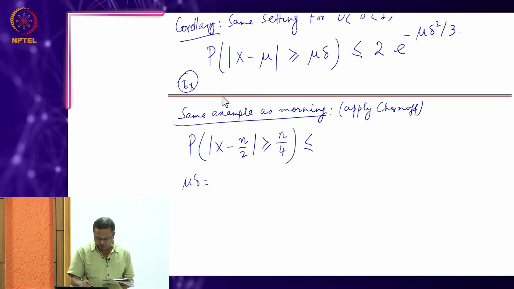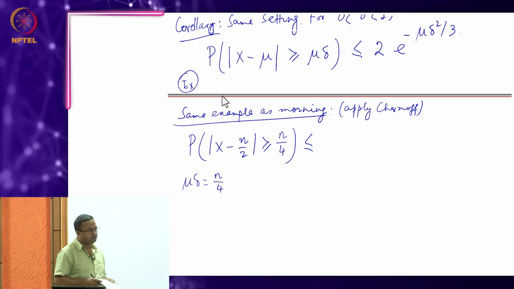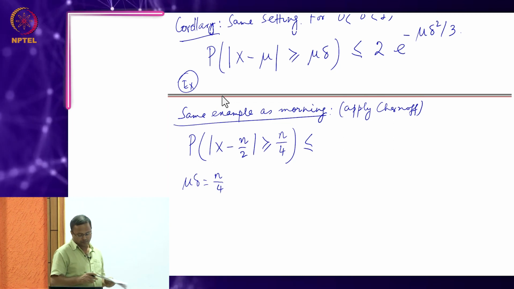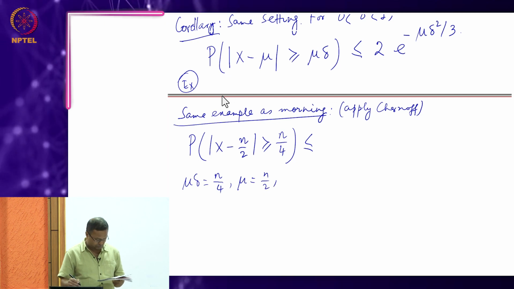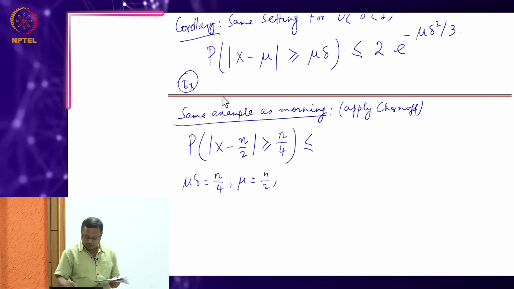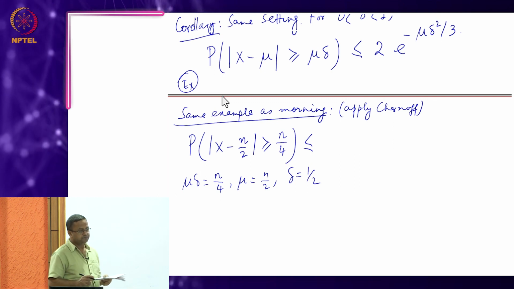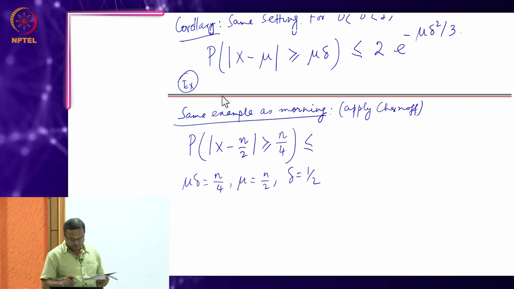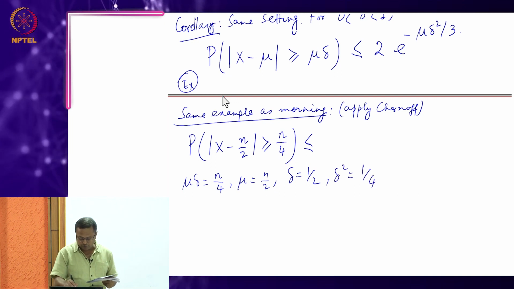Your mu delta is equal to n by 4, your mu is n by 2, that means your delta is half, and that means your delta square is 1 by 4.